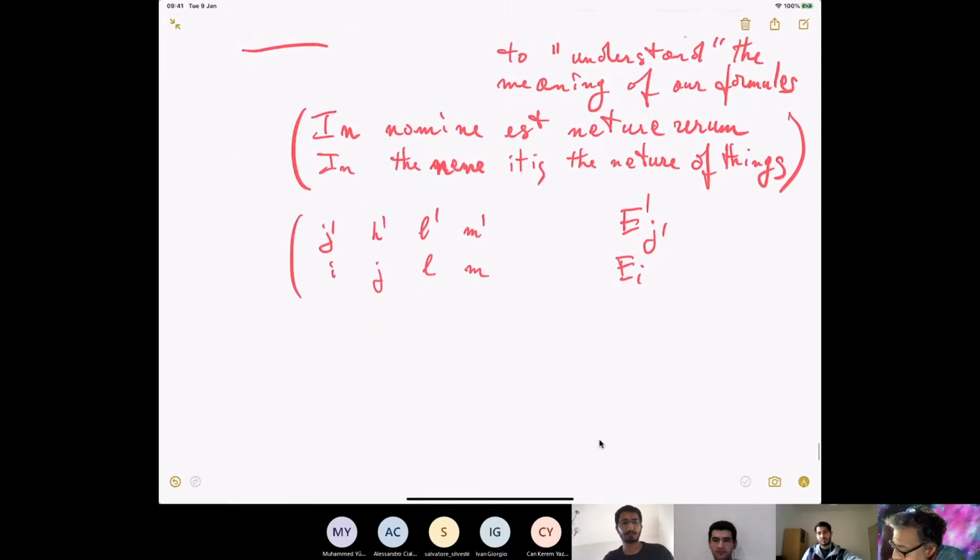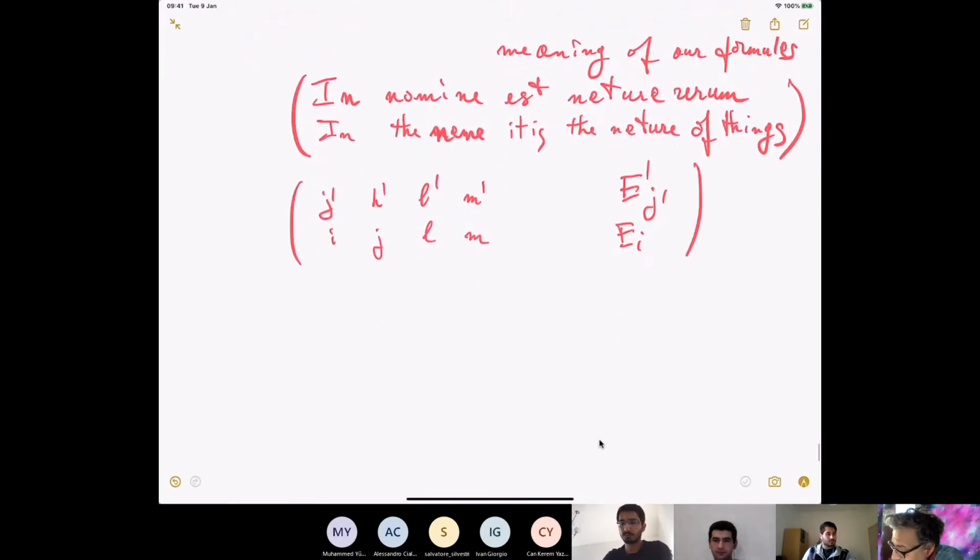Okay, now having said this, we change the basis. So I take a generic vector E prime j prime. This is a vector in the vector space. So you can write this as a linear combination of the vectors in the previous basis. Okay? What does this mean?